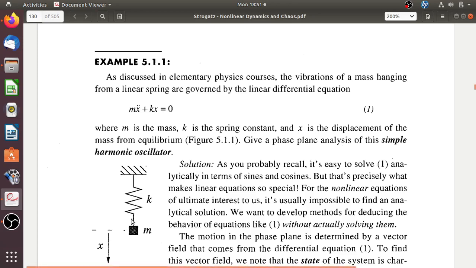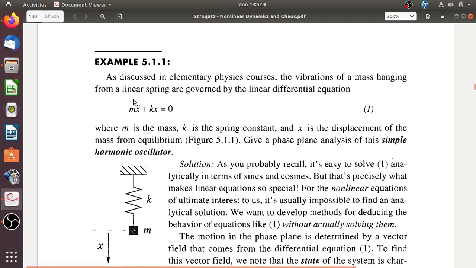If there is a spring mass system, then this equation will emerge, where m represents the mass of the body, x represents the displacement with respect to the equilibrium position, k represents the stiffness of the spring, and x double dot represents the acceleration of the mass.